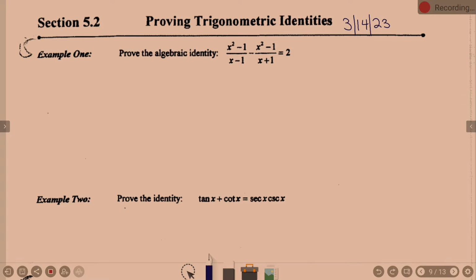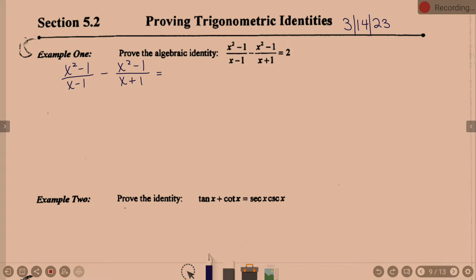What I usually do with these is I write out where I'm starting: x squared minus 1 over x minus 1, minus x squared minus 1 over x plus 1. And we're going to do some things to that.